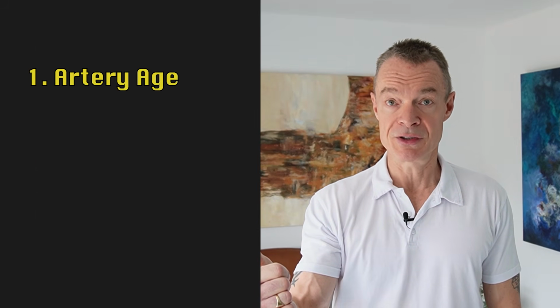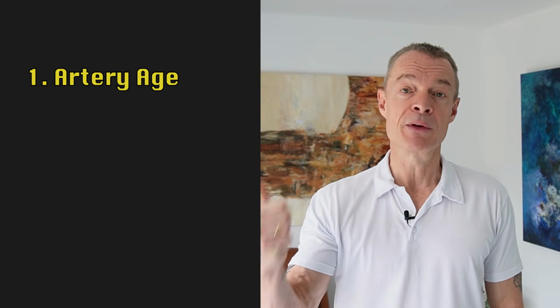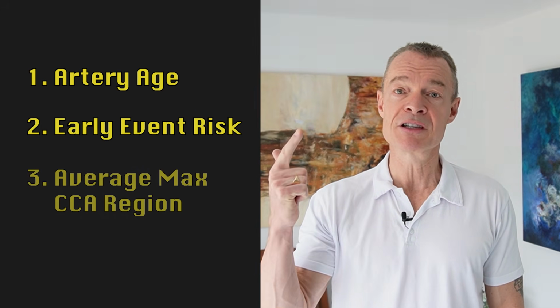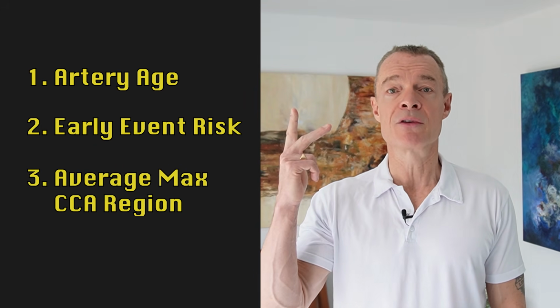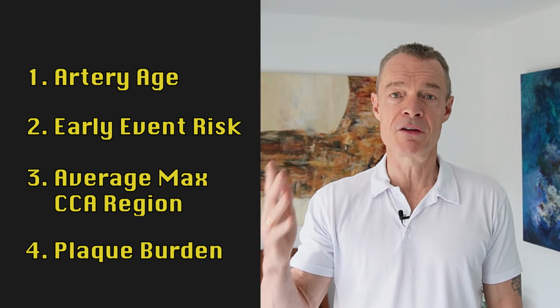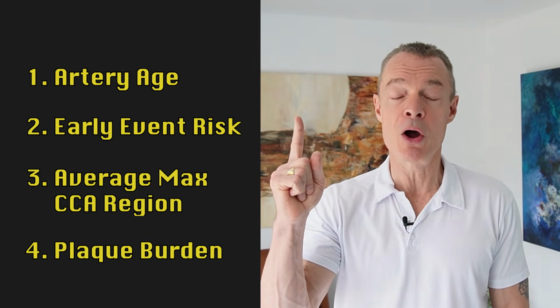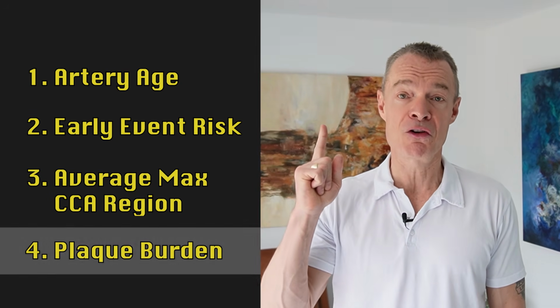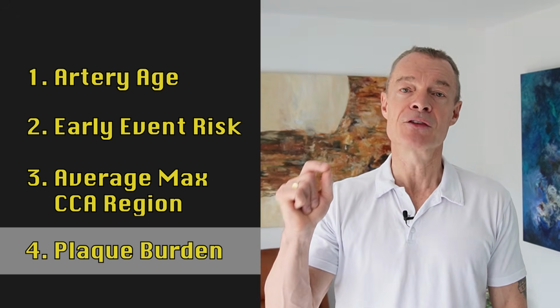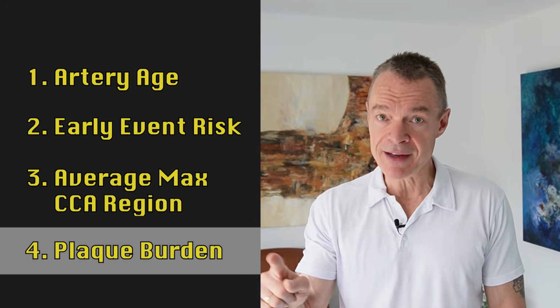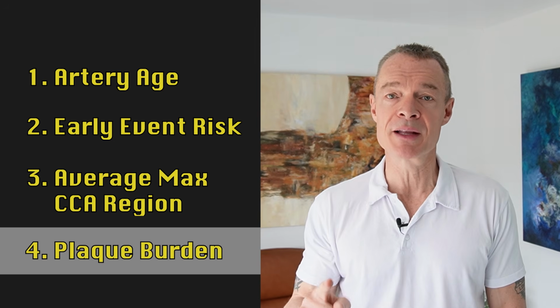Now, the 4 things, so let's rank them in order. Of the 4 risk factors, we've got artery age, which is intima media thickness, the mean. We've got early event risk, we've got average max CCA region, and we've got plaque burden. In order of importance, numero uno, by far, is carotid plaque burden. The total plaque burden, and then the breakdown of the plaque lesions in the comments.